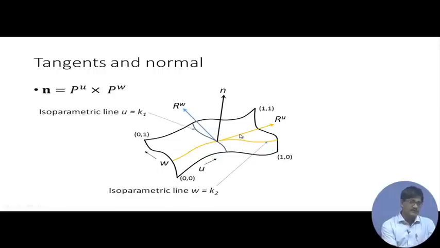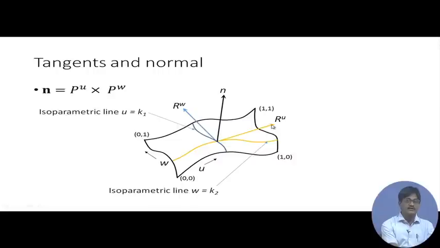If we derive the expression of a Bezier surface, it is a function of two parameters u and w. If we derive it partially with respect to u, we will get a derivative which will come out as a vector as shown here.